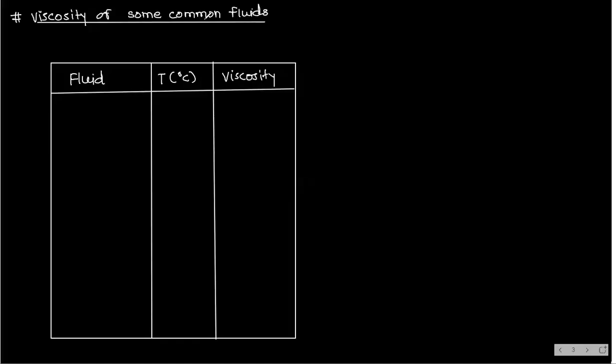See here, first one is air, and it is at 0 degrees Celsius. This viscosity is in millipoise, so I'm writing millipoise.